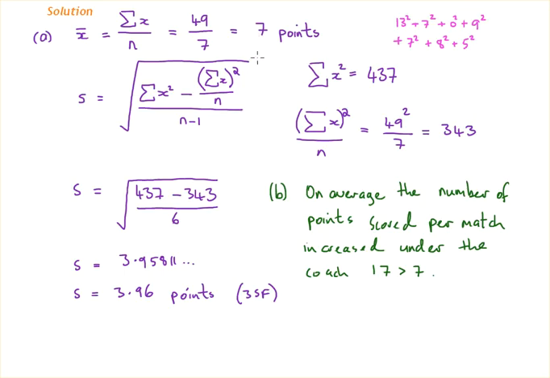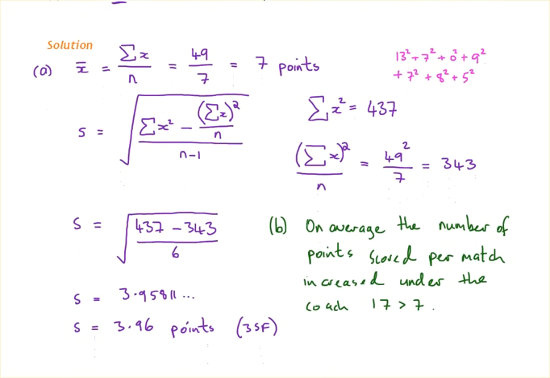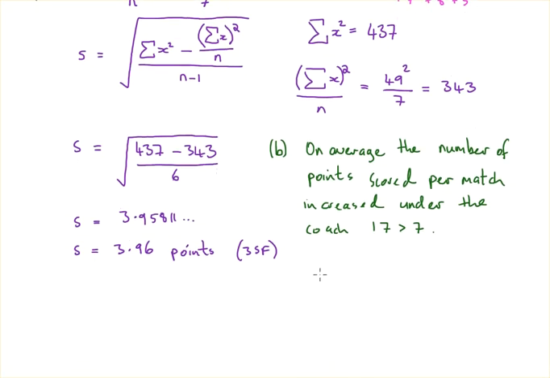At least when you had the old coach, you were scoring on average 7 points, and then every match you could expect to be either 4 above or 4 below 7. But now under this new coach, although we're scoring 17 points on average, it is possible that you'll be 8 points above that or 8 points below that. So the number of points scored per game under the new coach is varying a lot more than it did under the old coach. Still probably a good thing for this team because they're scoring more points.